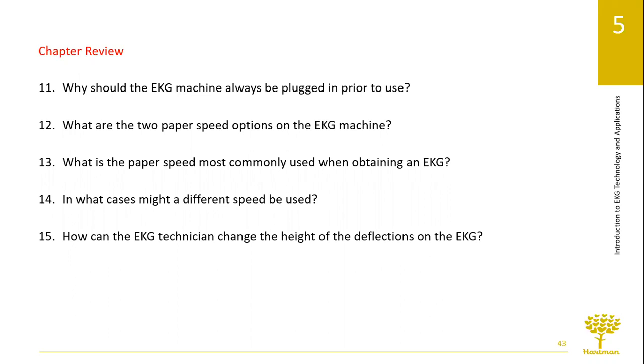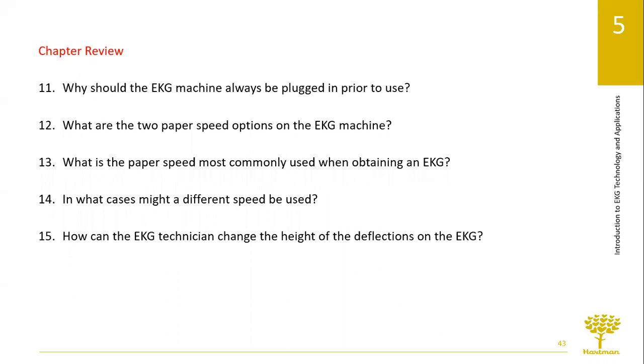13, what paper speed is most commonly used? 25. 14, in what cases might a different speed be used? I'll give you a great example. If you have a patient in a narrow complex tachycardia, that rhythm could be AFib, or it could be SVT, and you might not be able to see the P waves, or you might not be able to see whether it's regular or irregular.